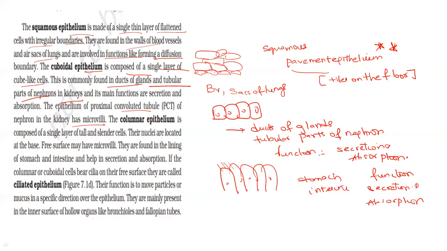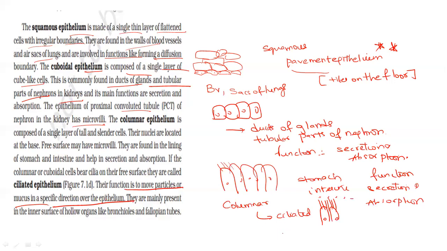If the columnar cells have cilia, then they are called ciliated epithelium. So a variation of columnar epithelium is ciliated epithelium if they have hair-like structures. The main function of this cilia is to move particles or mucus in a specific direction over the epithelium.